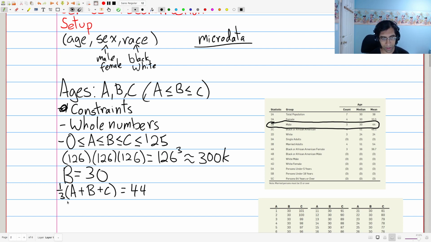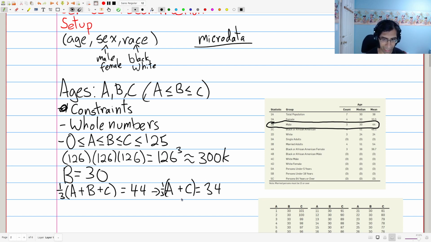And in fact, substituting in the fact that we know B is equal to 30, this implies that (A plus C) times 1/3 overall is equal to 34.